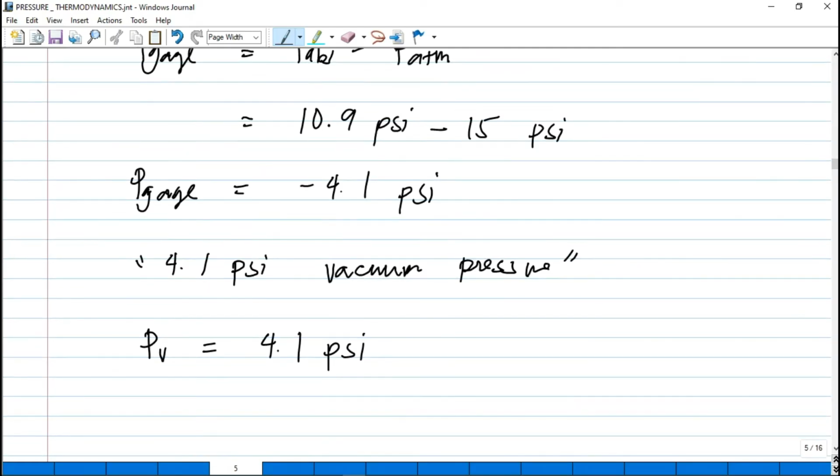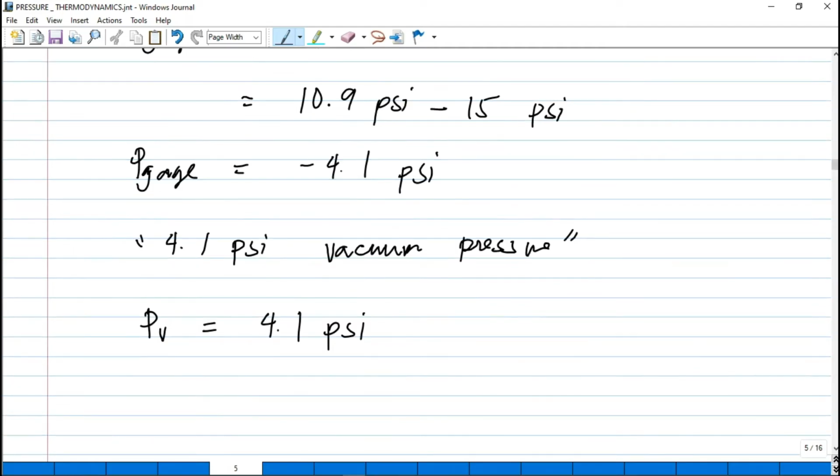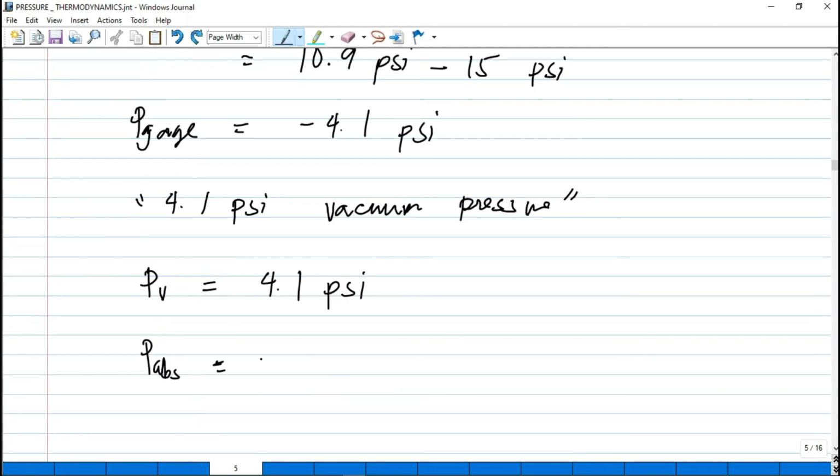But pag in-insert natin yung vacuum pressure sa ating problem, let's say, so absolute pressure is just equal to atmospheric, okay, that is minus vacuum pressure. Ang ating atmospheric pressure, that is 15 psi, then minus 4.1 psi. It will go back sa absolute pressure natin, which is 10.9 psi.